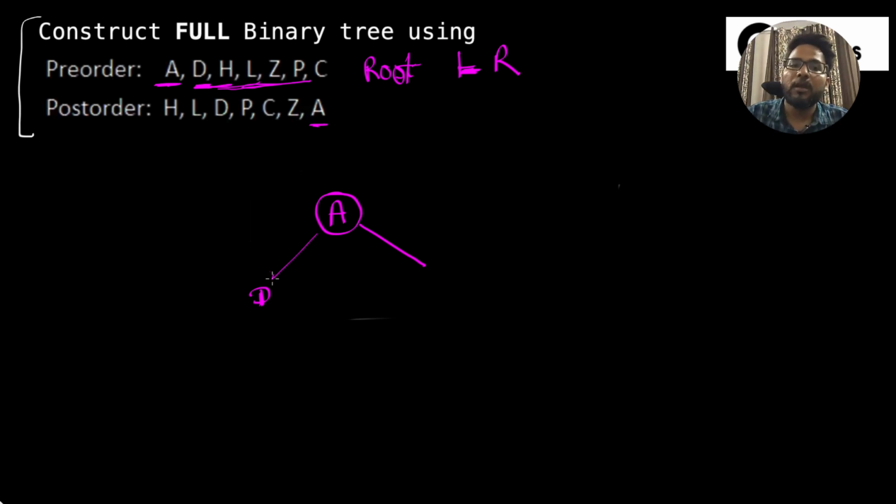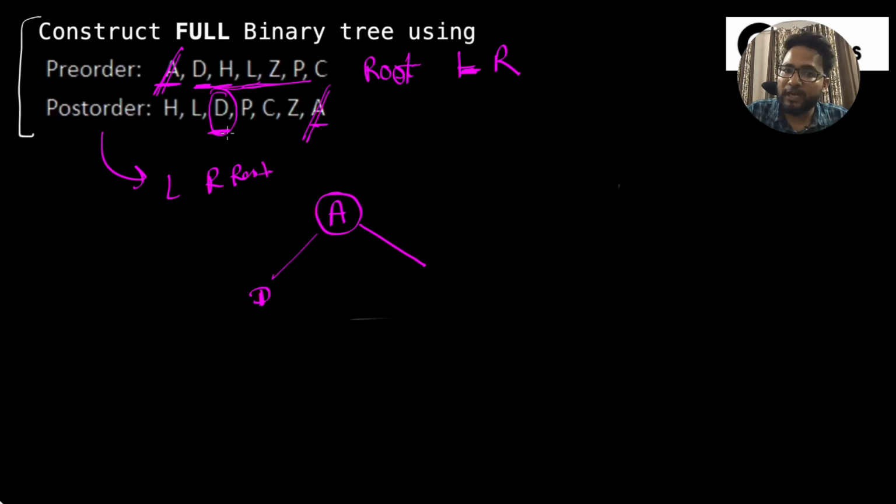Okay, once you determine that D is on the left, go to the post-order and see where D is. D is here. A is over, so I'm just removing it. Which is on the left? This part is on the left. Post-order is basically left, right and root.